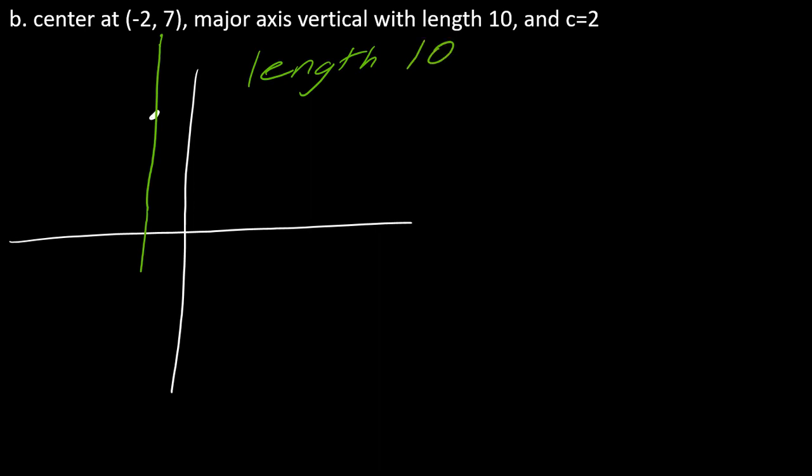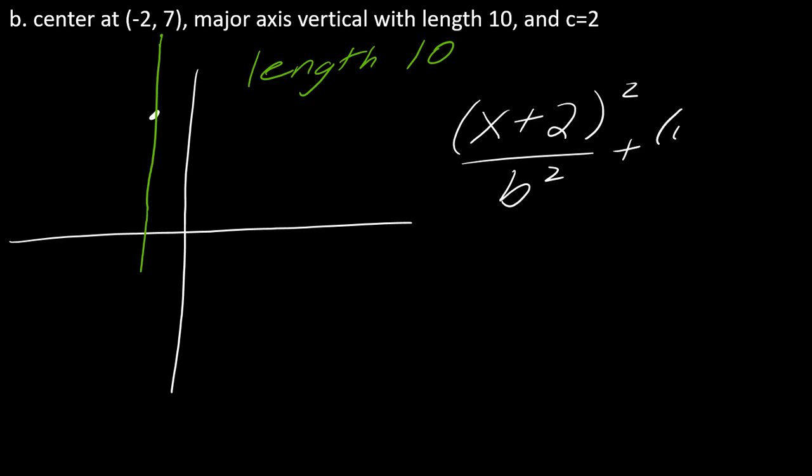I've been filming for a little while. From this, I can tell quite a bit about my equation. It has the form (x plus 2) squared over b squared plus (y minus 7) squared over a squared equals 1.